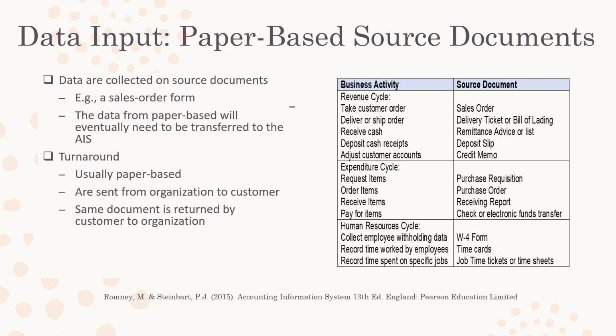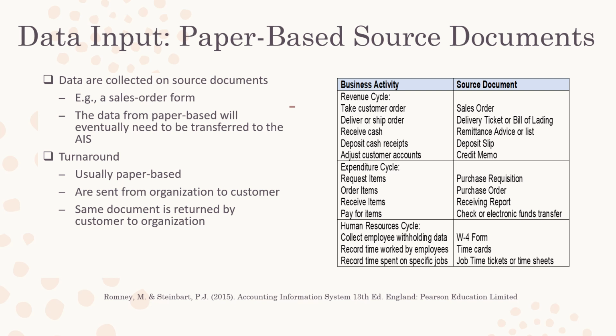We have the revenue cycle. For the revenue cycle, our source documents are the sales order when we take the customer order. We have the delivery ticket or the bill of lading when we deliver or ship the order, the remittance advice or list, the deposit slip, and the credit memo.